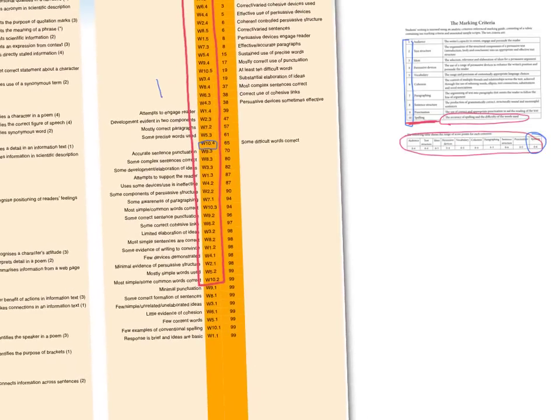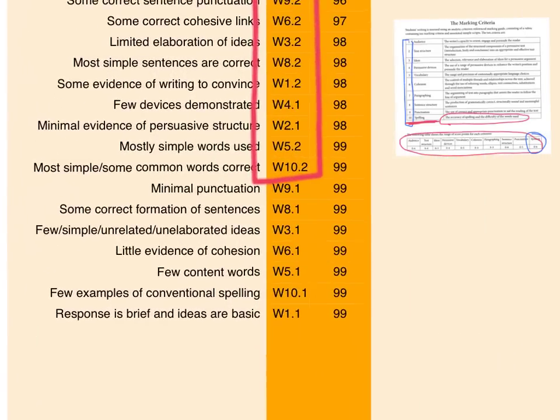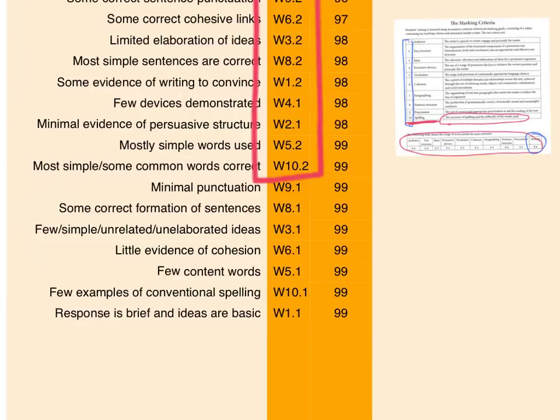Right down the bottom here, if we look for the first W10, which is spelling, we'll find it. Oh, that's not it. Let me just zoom in a little bit more here. W10.1, here we are. 99% of students in the state got at least 1 mark for spelling words correctly.